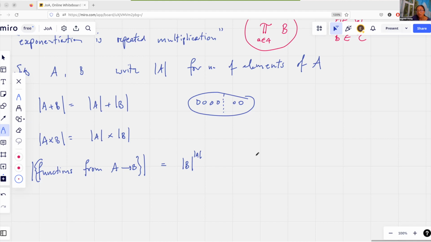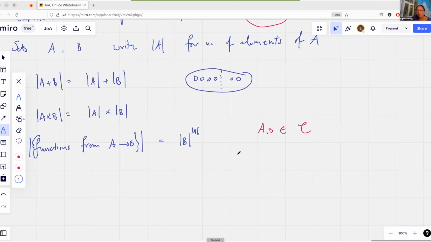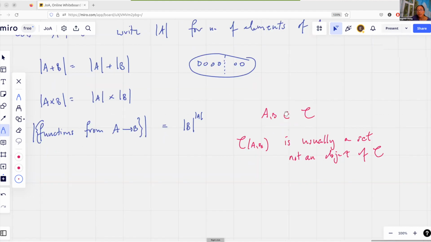In general, if A and B are both objects of a category C, then the space of morphisms from A to B is usually in Set, not an object of C. If you can somehow express morphisms from B to A as an object of C, then that's called the exponential.